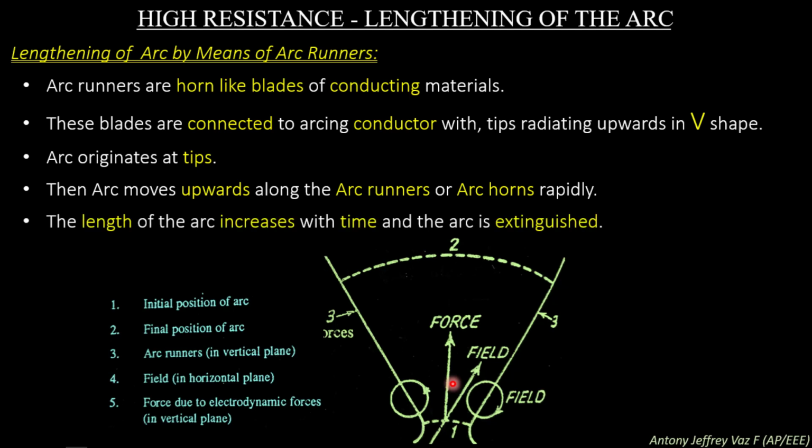The length of the arc increases with time, and the arc is extinguished. Since the arc moves in this direction, its length increases in such a way that its resistance goes on increasing, and this high resistance stops the flow of current in the arc so that the arc gets extinguished.